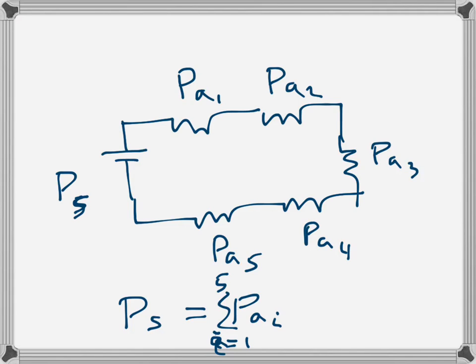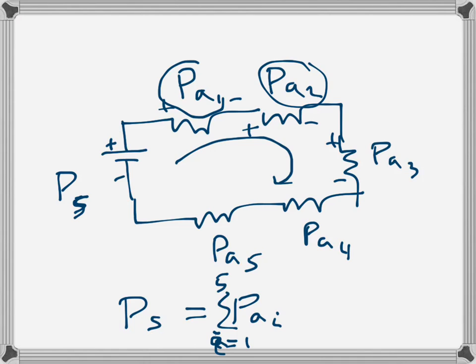And again, if we think in terms of current, the current will obviously come out from the battery in this direction. In all these resistors, current will be flowing in the direction of voltage drop. So if we want to say in terms of positive and negative, all of these will be positive power, so power is being absorbed in these resistors.